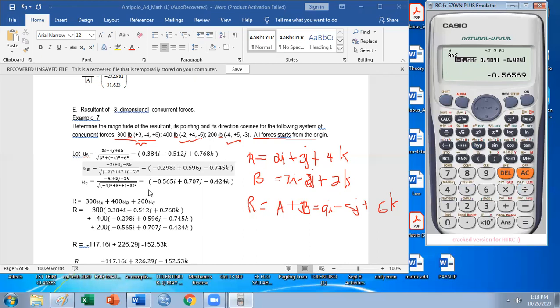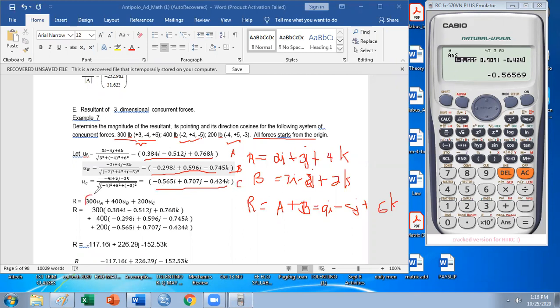Okay, now, ang mas maganda, store mo tong mga vectors na to. So, turuan ko kayo mag-store, no? Store mo siya sa vector A, yung mga unit vector. Store mo siya sa vector B, and store mo siya sa vector C. Kasi i-add natin siya bago i-multiply.